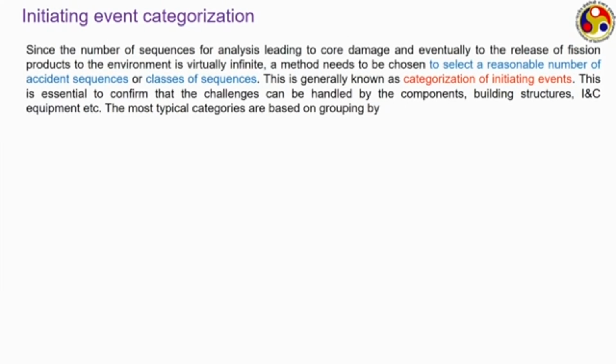Then initiating event characterization. During an accident, this entire series of events happens, so it is important to categorize those initiating events as well, because of what kind of challenges we are going to face and how they can be handled by which kind of component or equipment.